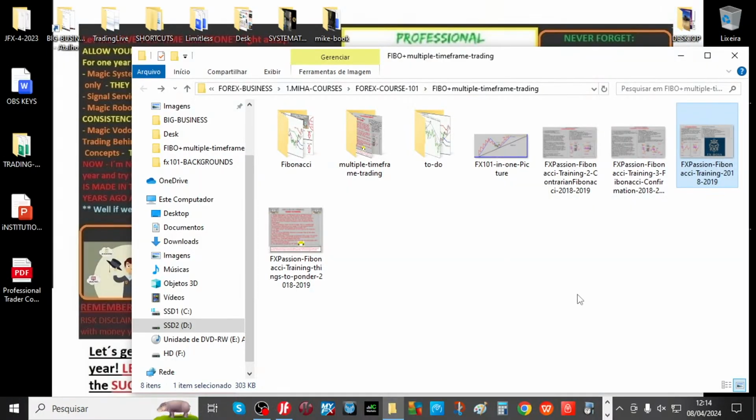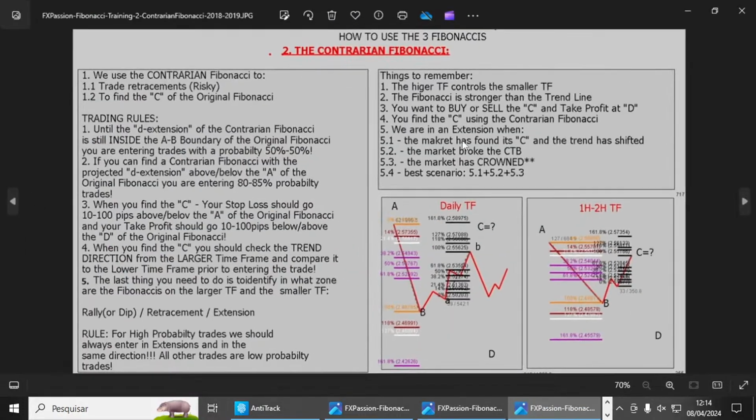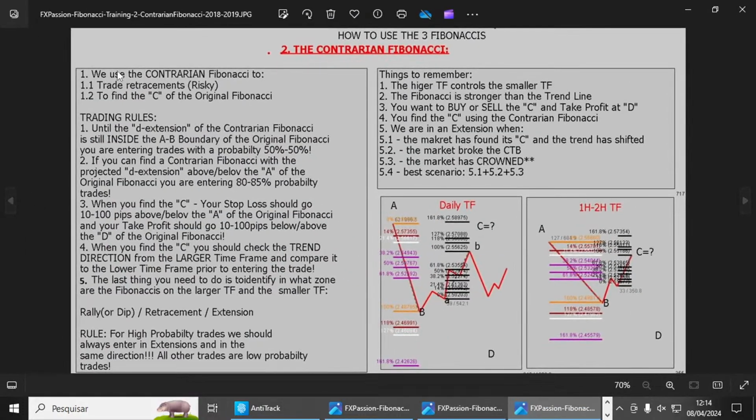Contrarian one, there you go. We use the contrarian Fibonacci to trade retracements, which is risky, and number two, to find the C of the original Fibonacci. Now, talking about probabilities, those are the trading rules.